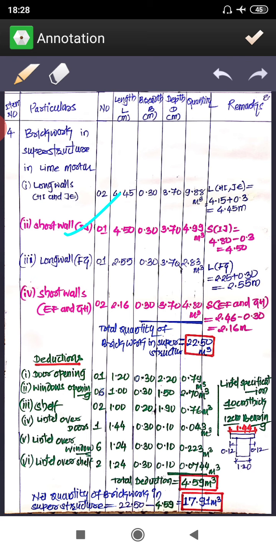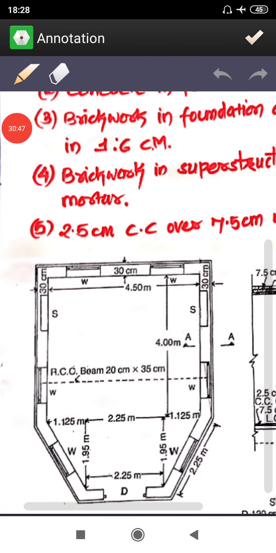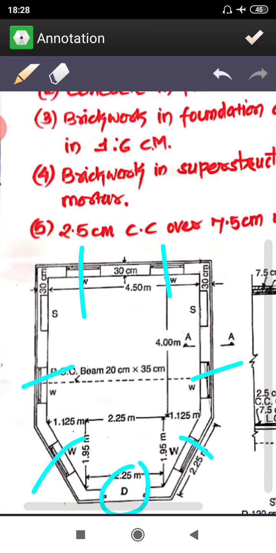But you have to do the deductions because we are having so many openings. As we see the plan, we are having openings there. Now if you see the plan here, you are having one opening of a door, one number, windows, see, 1, 2, 3, 4, 5 and 6, one number of a door and 6 numbers of windows. Along with that you will be having shelves here.